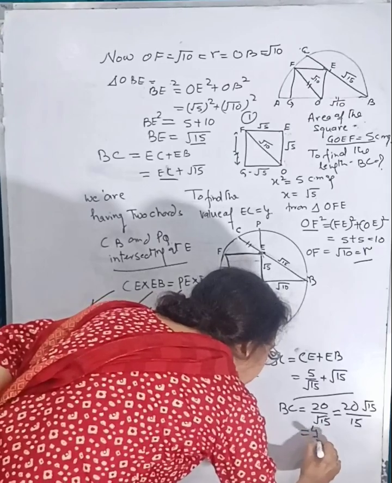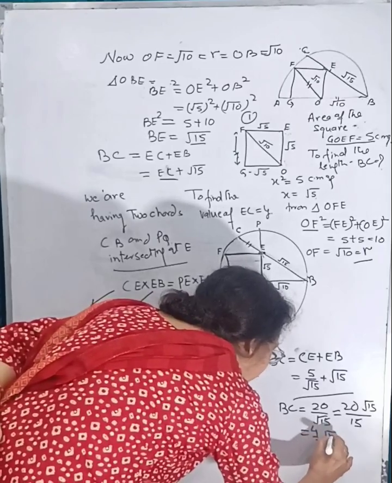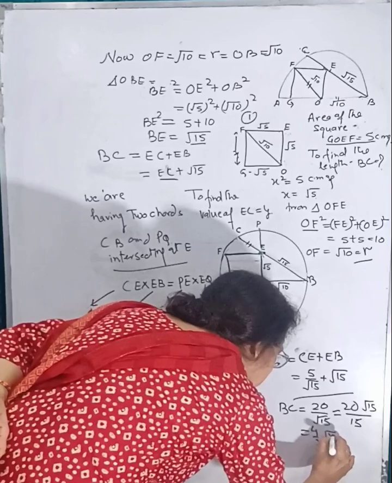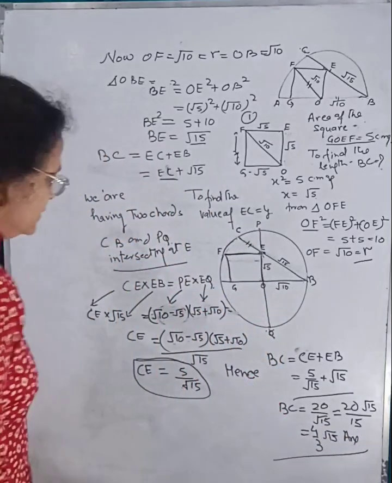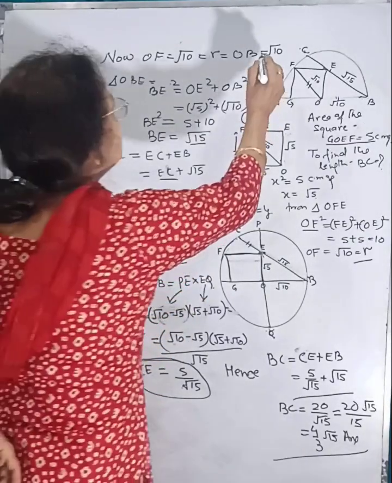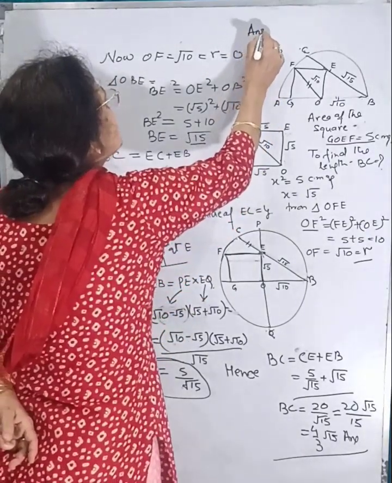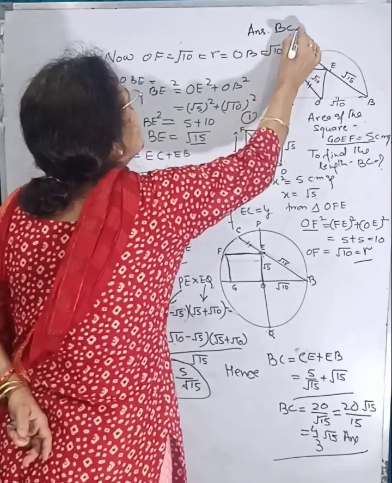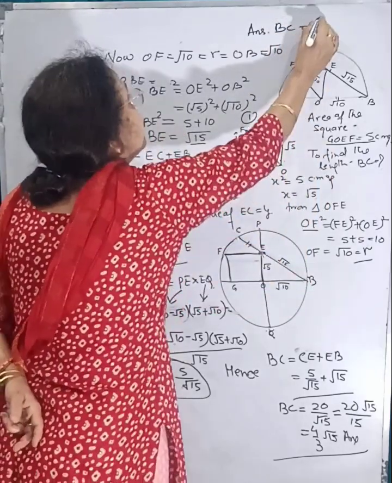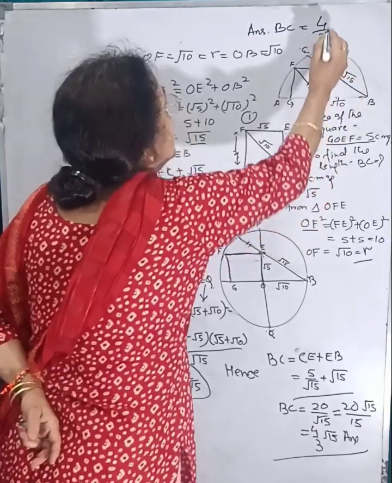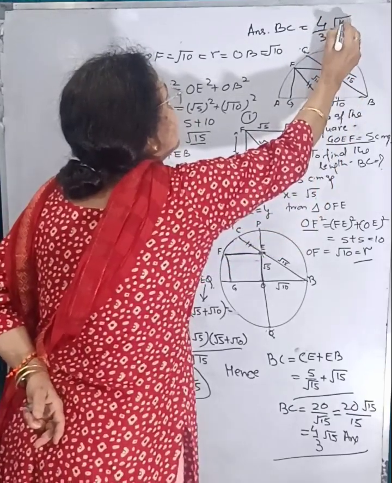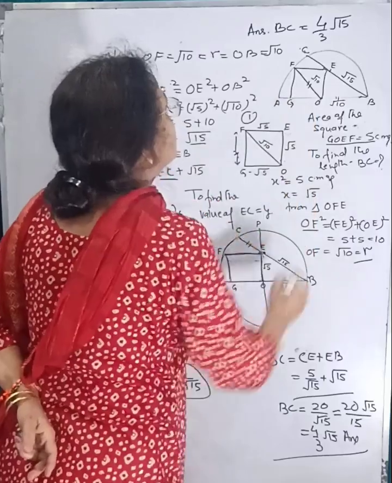The length of BC is equal to 4 by 3 into root of 15 centimeters.